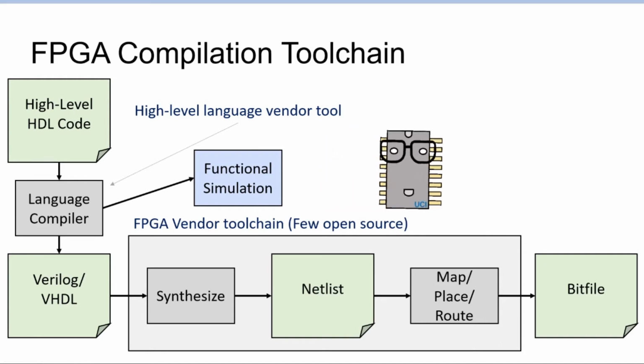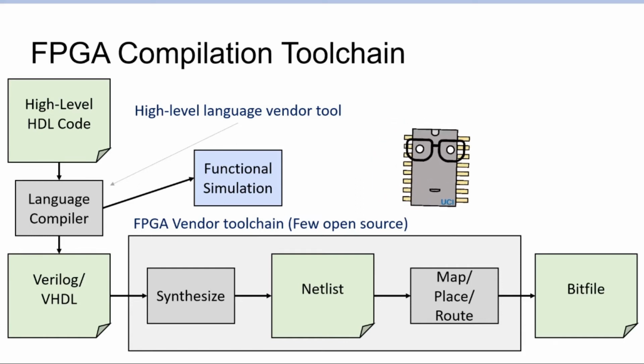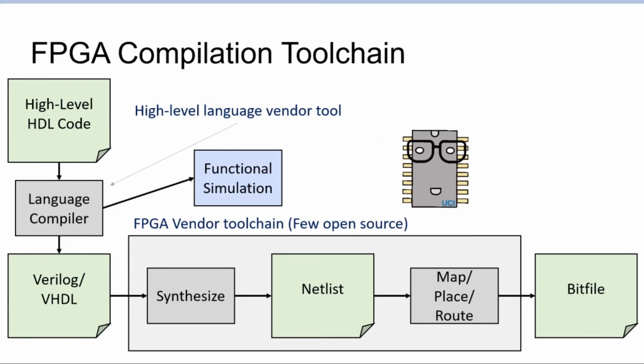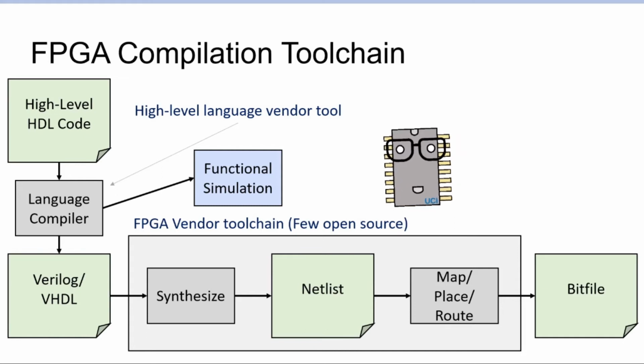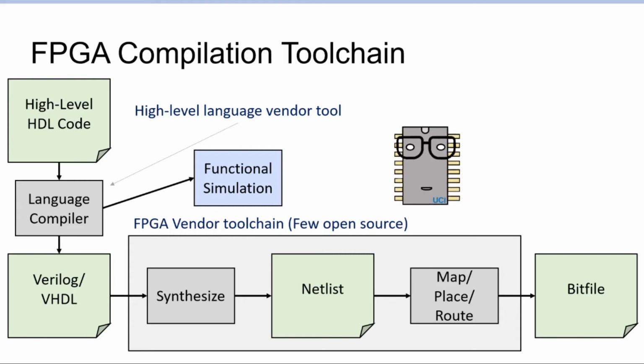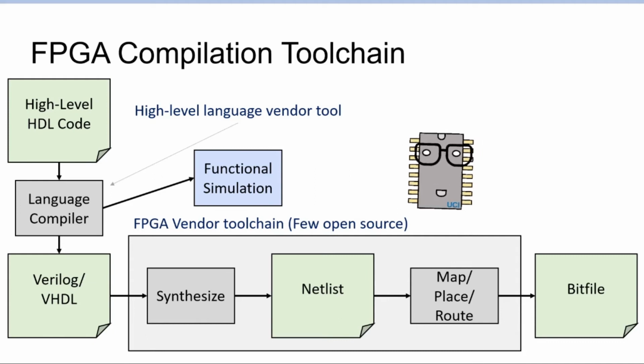I say vendor toolchain because there aren't a lot of open source offerings for this toolchain. If you buy an FPGA from Xilinx, you'll most likely be using Xilinx toolchains, because Xilinx holds the microarchitecture of the FPGAs pretty close to their chest. There are some reverse engineering efforts, but mostly you'll be using Xilinx tools.